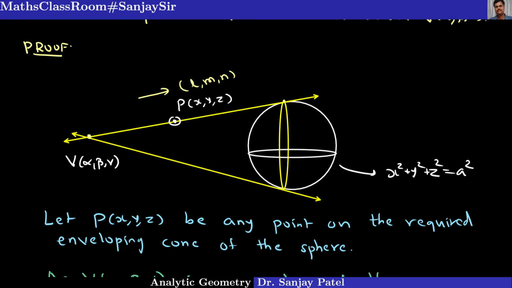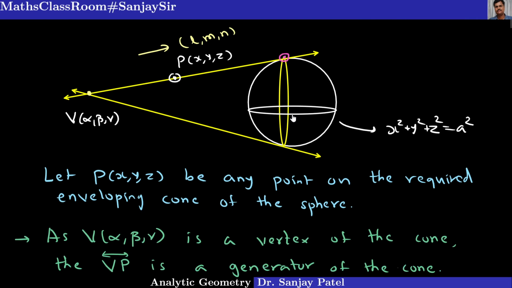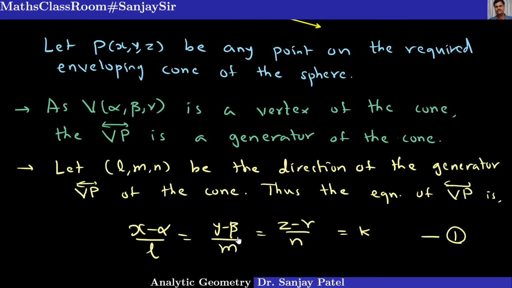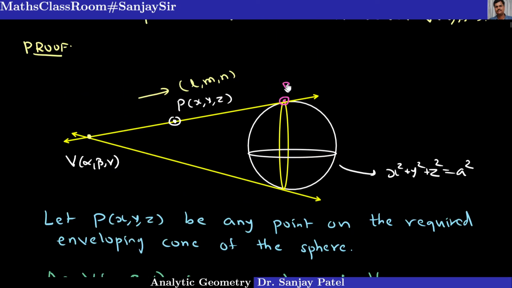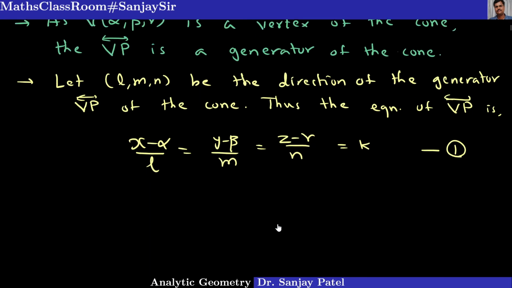So this is the point at which it is touching, and I want to write down the coordinates of this point. This point is also on the line, so the coordinates of this point are given from the equation of the line which we have written here. They are x, y, and z. So I want to write down these coordinates of the point, say P dash, which is lk plus alpha, mk plus beta, and nk plus gamma. Okay, so there is some fixed value of k for which the point on the line meets the sphere at this point P dash.